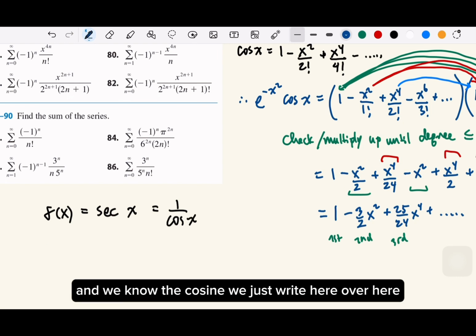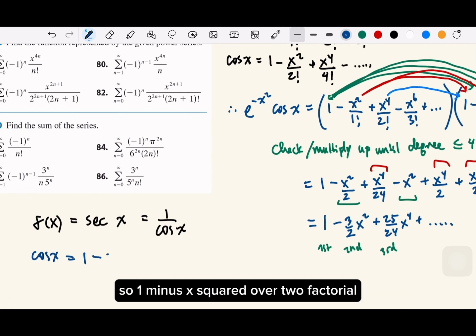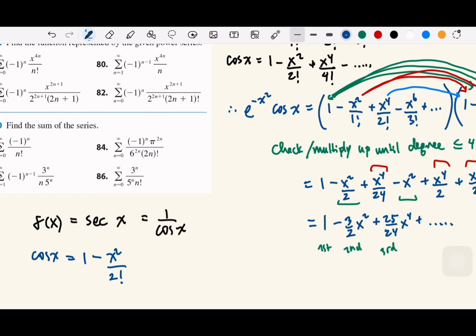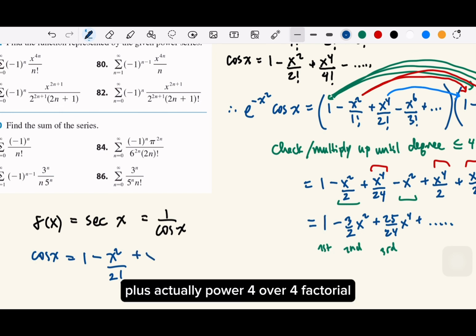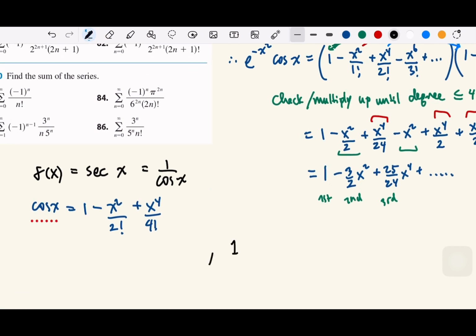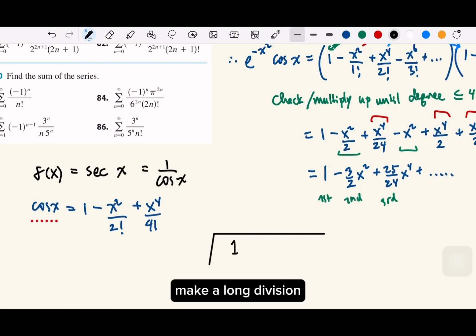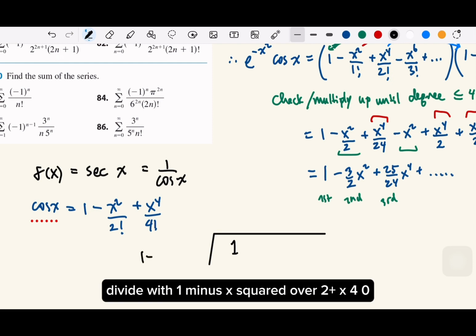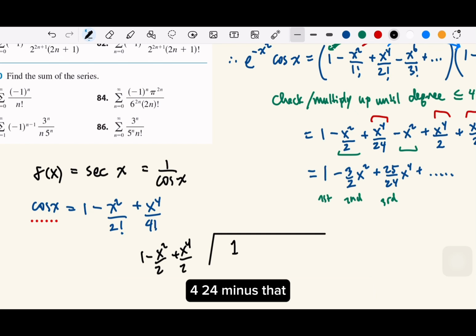And we know the cosine, we just write it here: 1 minus x squared over 2 factorial plus x to the power of 4 over 4 factorial, right? So we can make a long division, dividing 1 by 1 minus x squared over 2 plus x to the power of 4 over 24 minus dot dot dot.